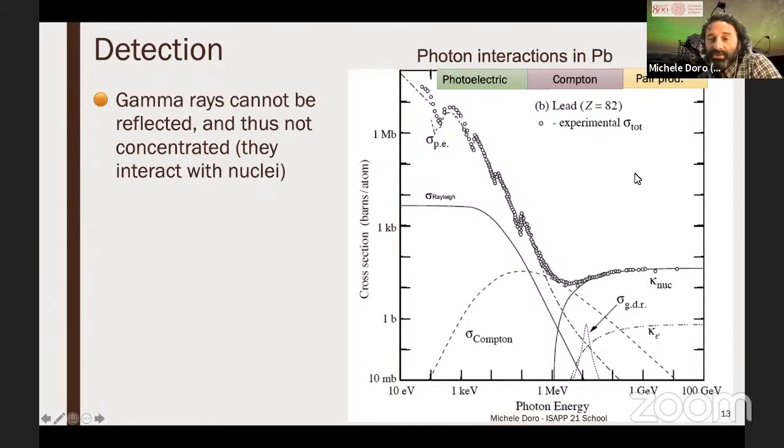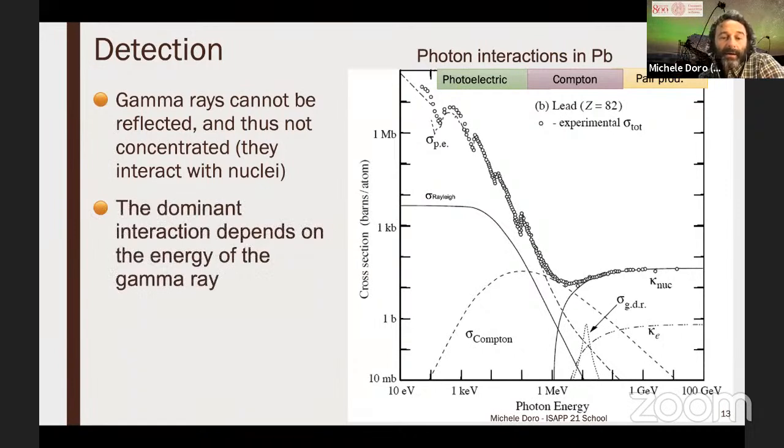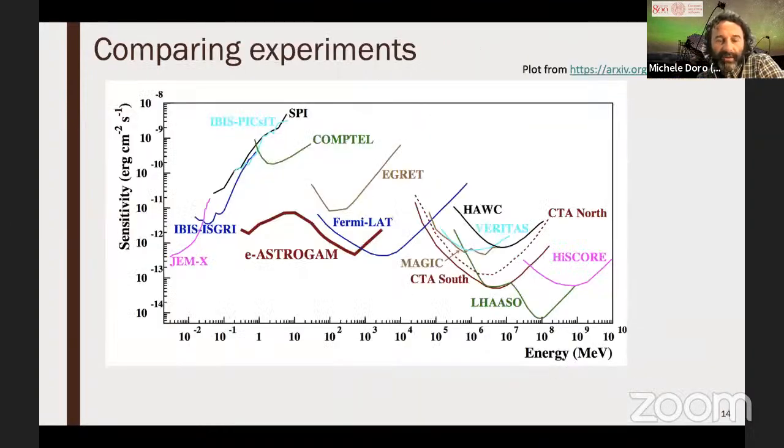The energy is too much, and what you have is the annihilation of the photon into an electron and positron pair. So this will guide us a little into how you have to build the detector. If you want to detect keV, you don't have pair production. You have pair production if you want to detect 1 GeV or so, or above, gamma rays. Whenever you want, you can interrupt me, of course.